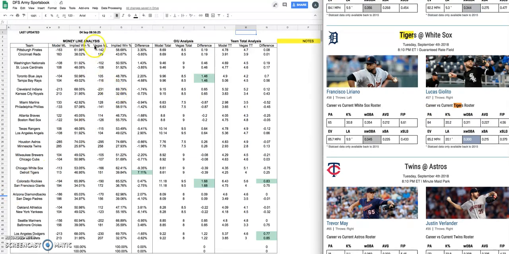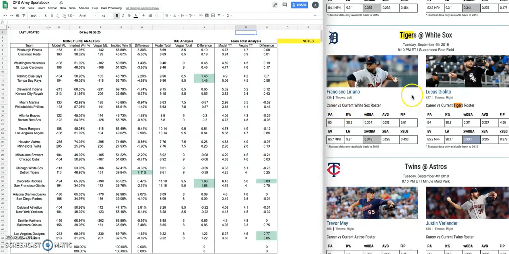Chicago White Sox, Vegas implied win percentage of 62%. The model comes back and says you're out of your mind. We've got this game with the White Sox implied win percentage at 53%. So there's a big gap in the money line, from minus 166 to minus 113.